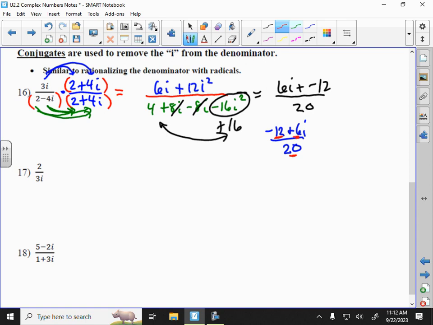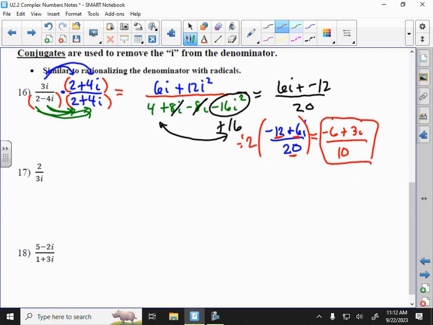So we can divide them all by 2 to simplify this fraction. All right, so if I divide by 2, I'm going to get negative 6 plus 3i all over 10. Okay, now that's simplified all the way.